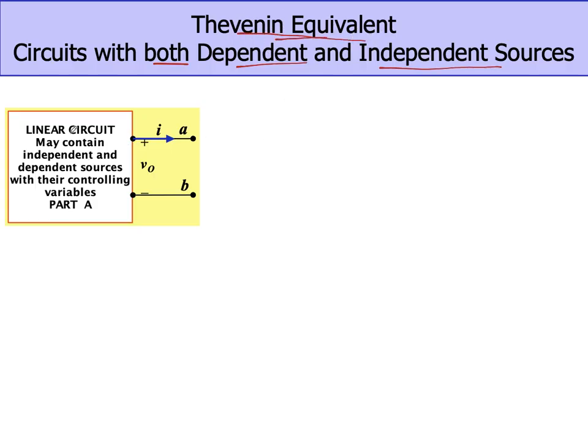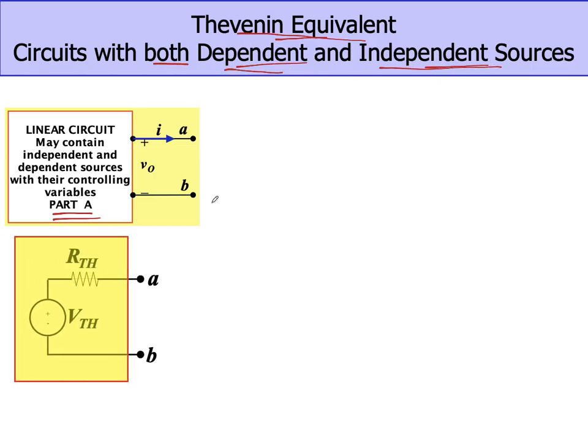So in this case, we say that circuit A contains both dependent and independent sources. The Thevenin equivalent of circuit A will now be replaced by this Thevenin equivalent representation, where we need to find V Thevenin and R Thevenin.